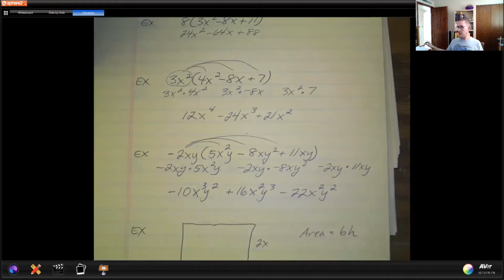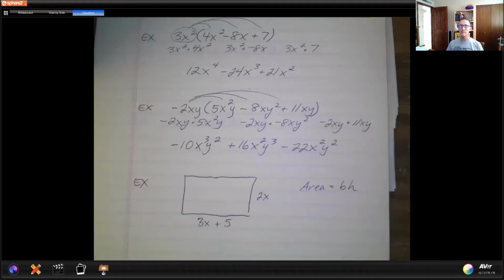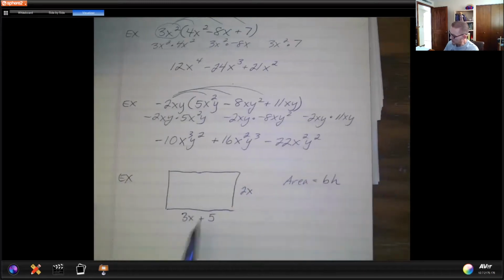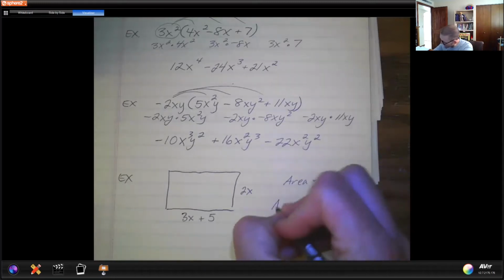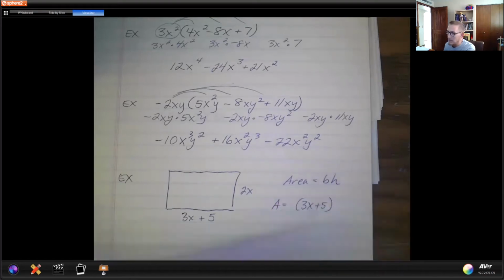All right, one last thing to look at here as far as using this idea of multiplying a monomial times a polynomial. In your IXL section, they're going to ask you to find the area of a rectangle. And if you recall, the area of a rectangle is base times height. Well, in this case, the base is 3x plus 5, and the height is 2x. So the area will equal 3x plus 5 times the height, which is 2x.